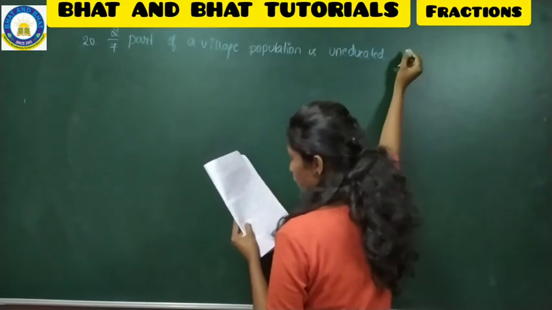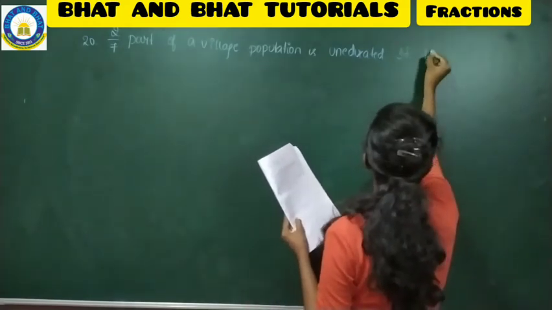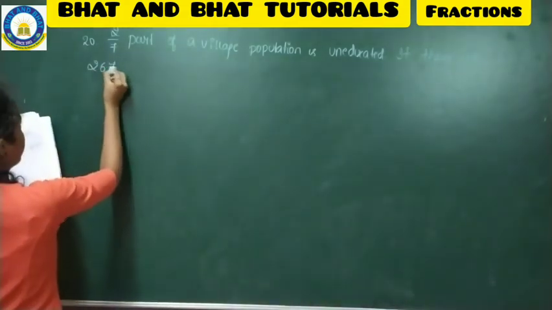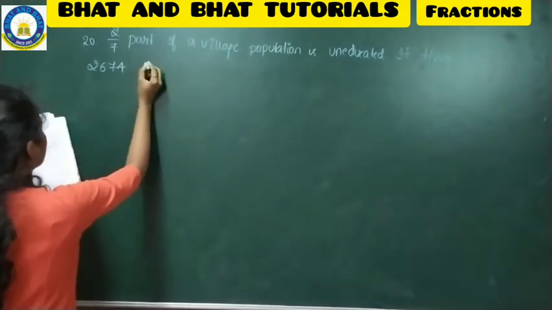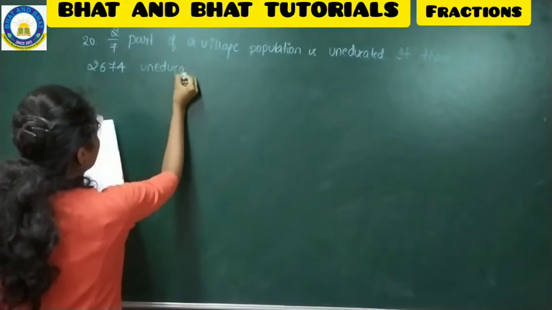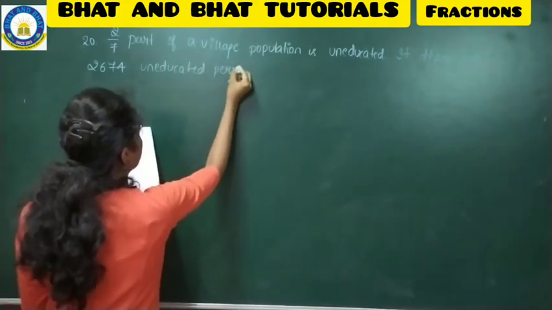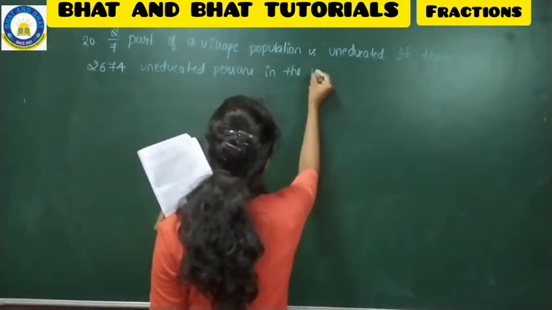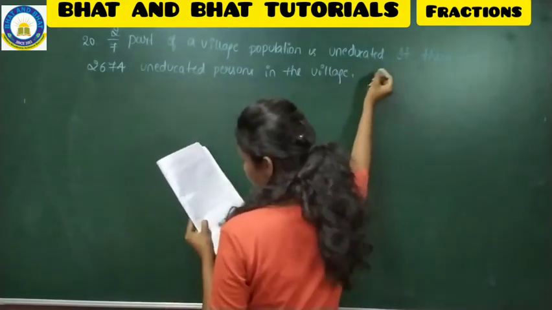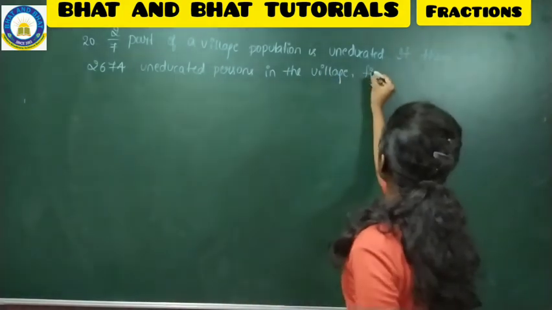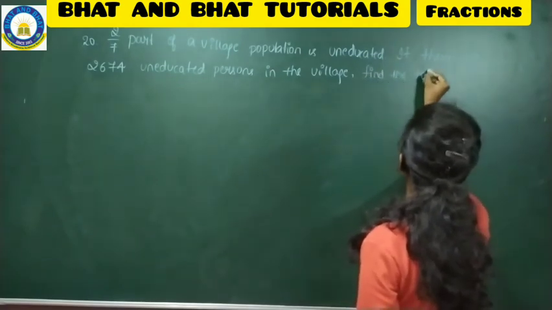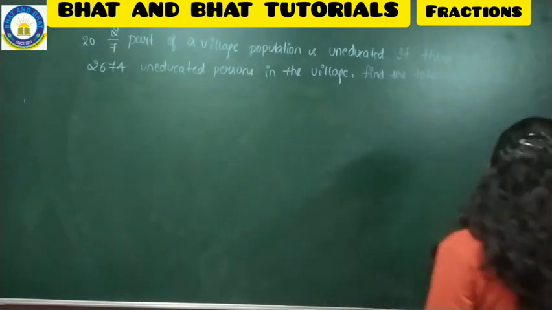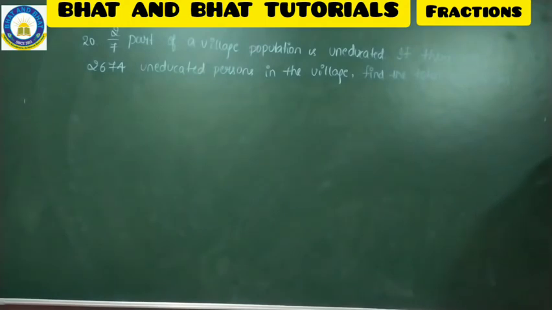If there are 2674 uneducated persons in the village, find the total population of the village.